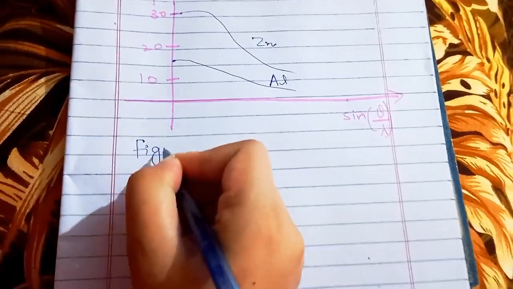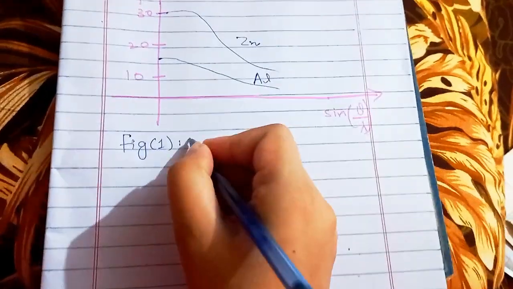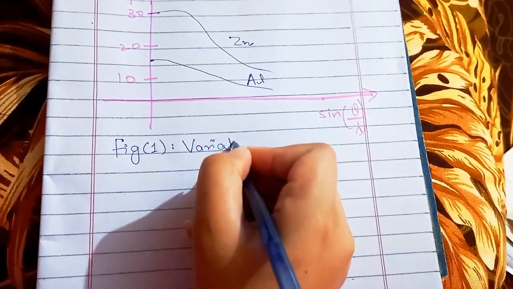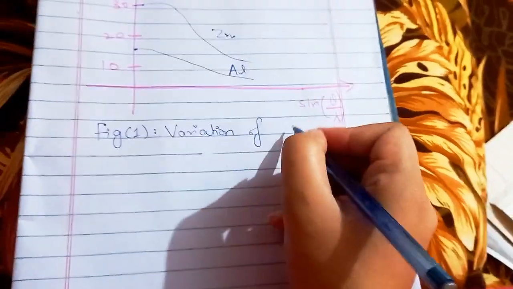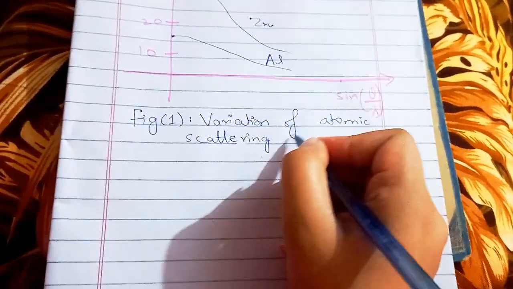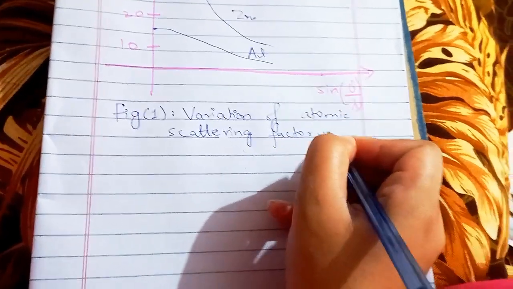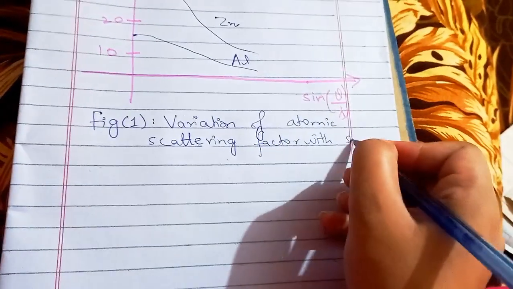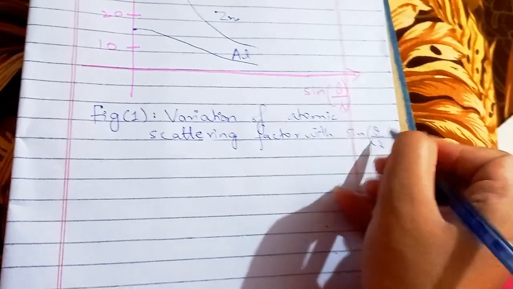This is, let's say, figure 1, and it's showing the variation of atomic scattering factor with sine theta by lambda.